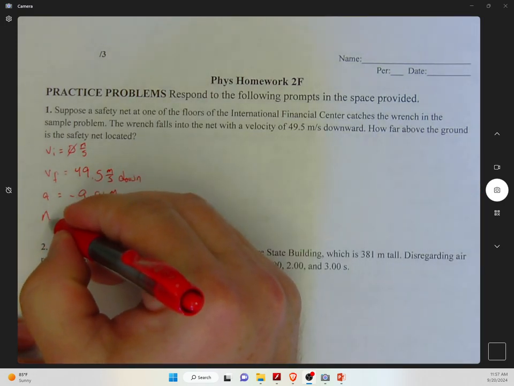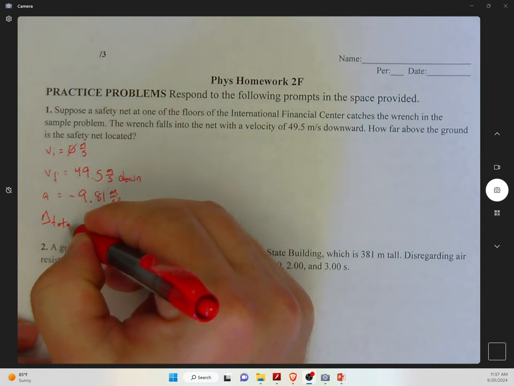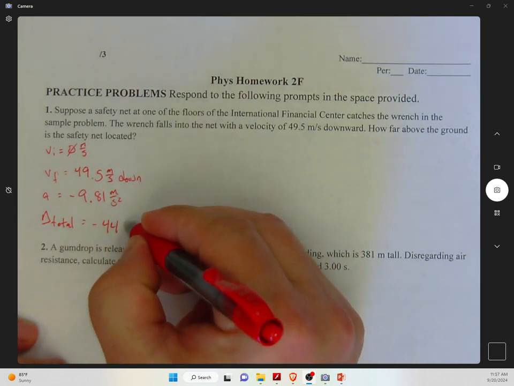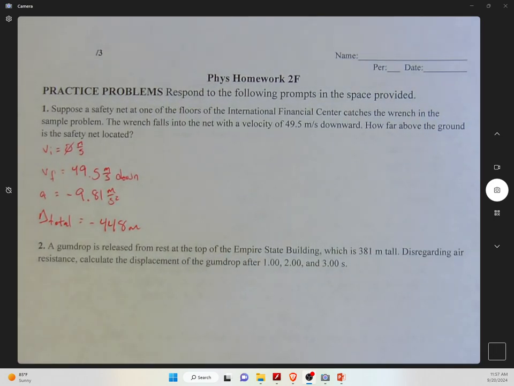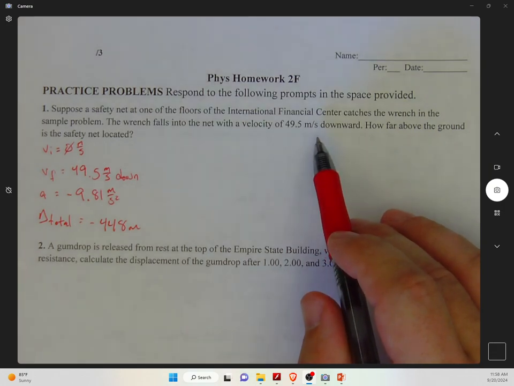And I know that the total displacement of the wrench was negative 448 meters. But here we're trying to find that spot, right?